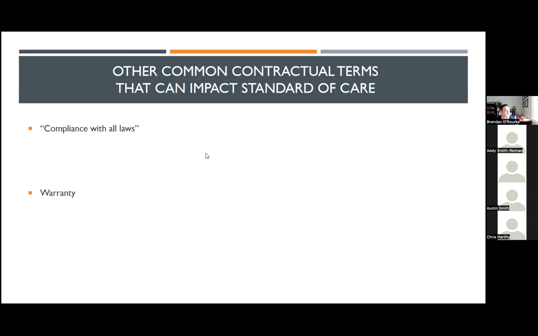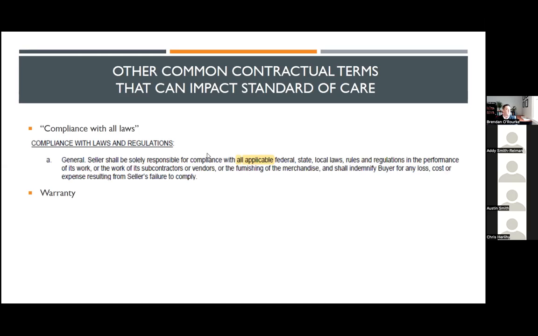And so the first one is taken from an actual contract, and I know at least two of you on today's presentation might be familiar with this contract, but this is taken from essentially another design consultant's standard terms and conditions, which actually speak to the design professional and its consultants as buyer and seller.